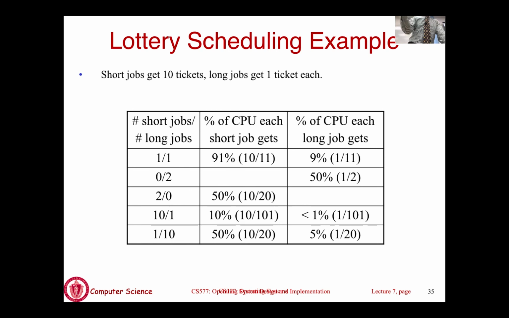But the same is true of lottery scheduling. You are not expected as users to say this. And I'll mention where things like this actually get used. They are used in many other kinds of scenarios, like virtualization.